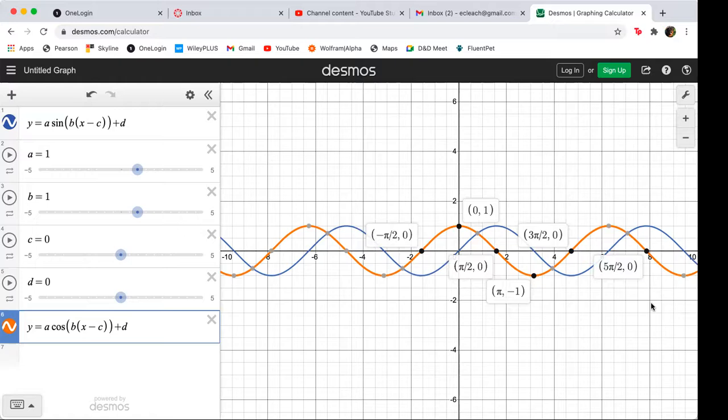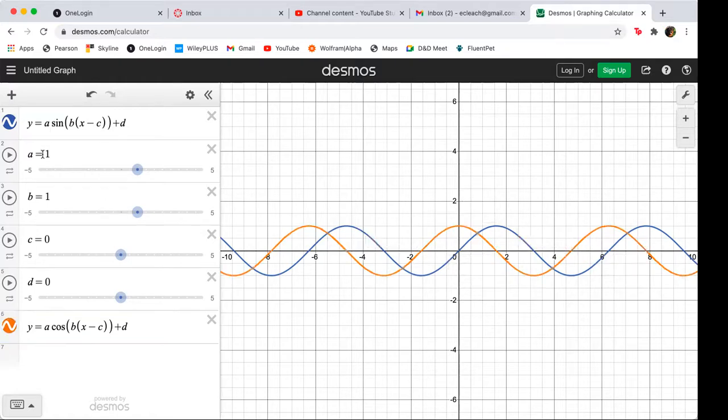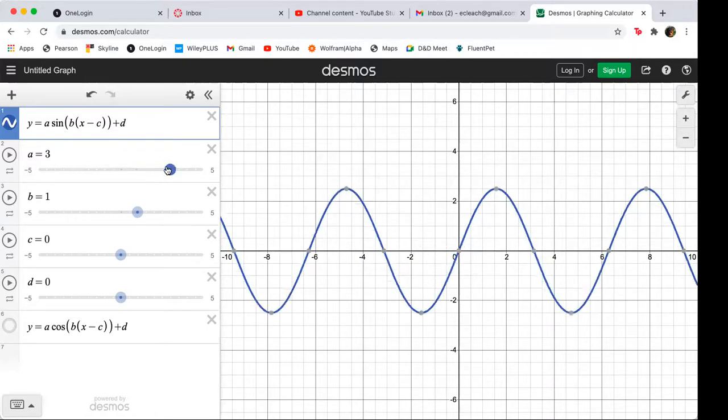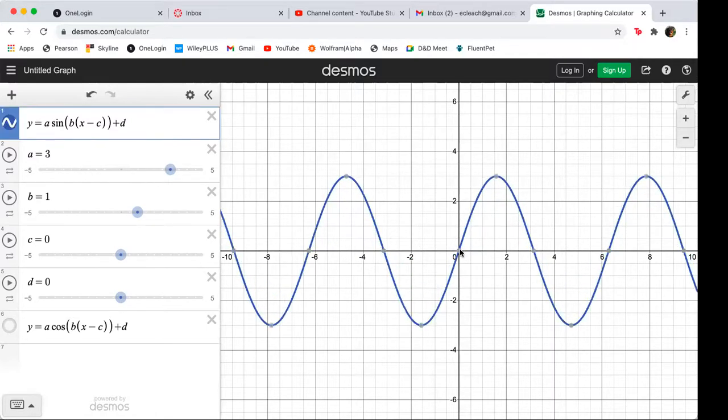So let's turn off one of these. Let's turn off the cosine. And we know that if we make adjustments to a, that's going to change the amplitude, but the period will remain the same. So notice that the period here's the middle going up to the next point where we're at the middle going up. So it's from 0 to 2 pi. If I adjust the amplitude, notice that the period is not changing.